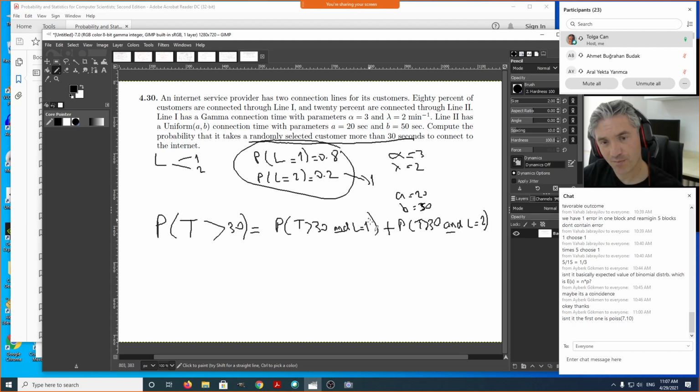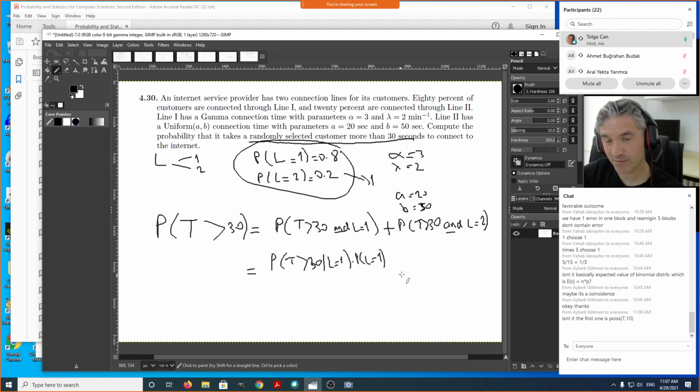But how can we compute these intersections? What is the probability that t is greater than 30 and L is equal to 1? We do that by using the definition of conditional probability. This is an intersection: the probability that line is 1 and time is greater than 30. This is the probability that time is greater than 30 given that line is equal to 1, times the probability that line is equal to 1.